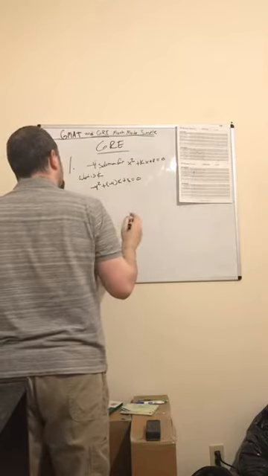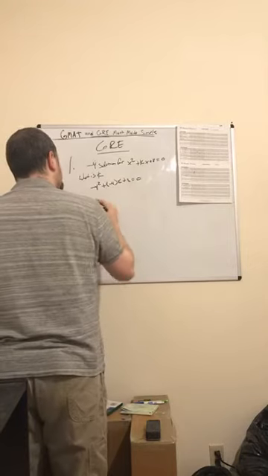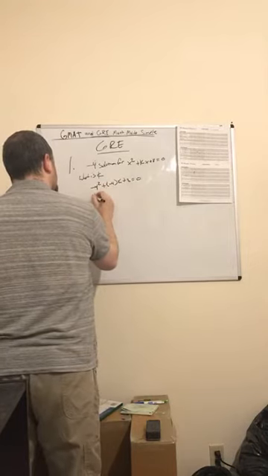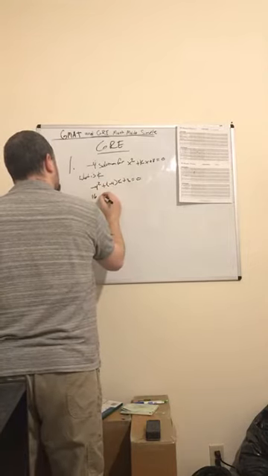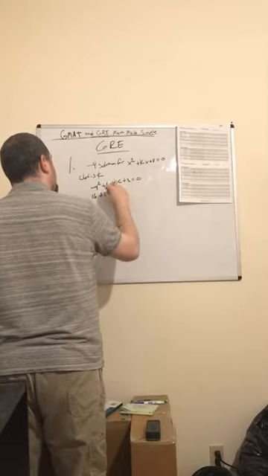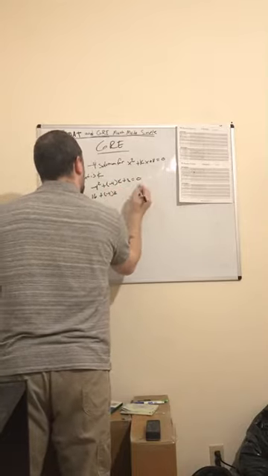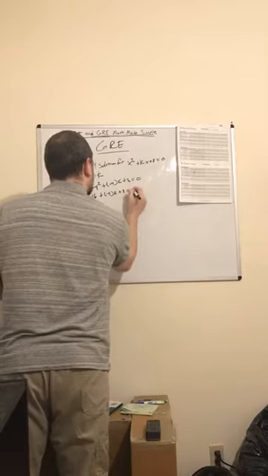Now, let's do everything that's easy. Negative 4 squared is 16, plus negative 4 times k plus 8 equals 0.